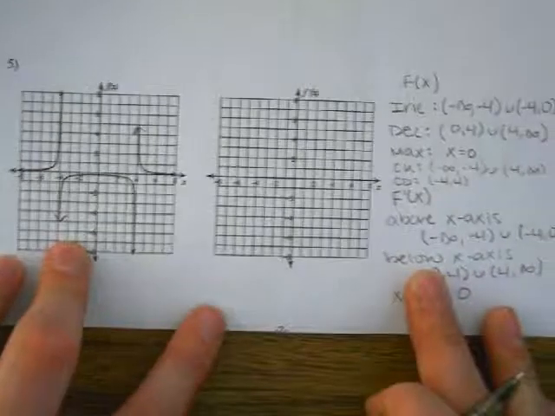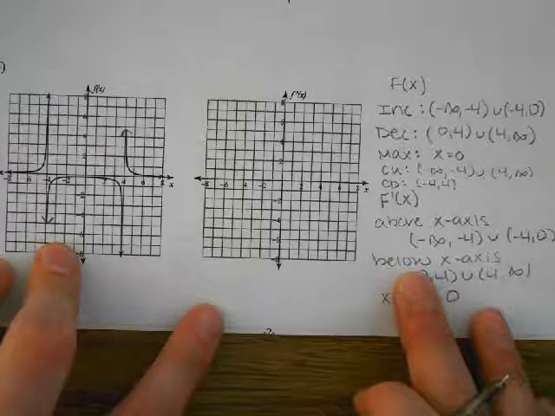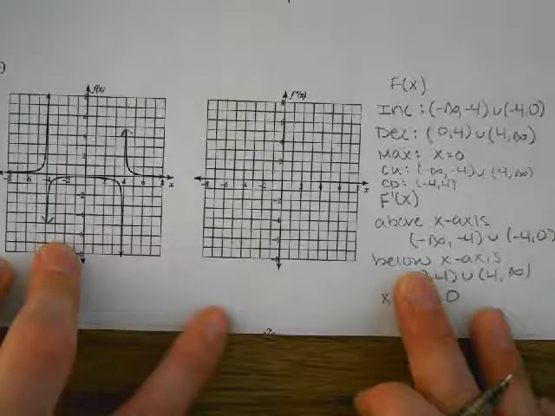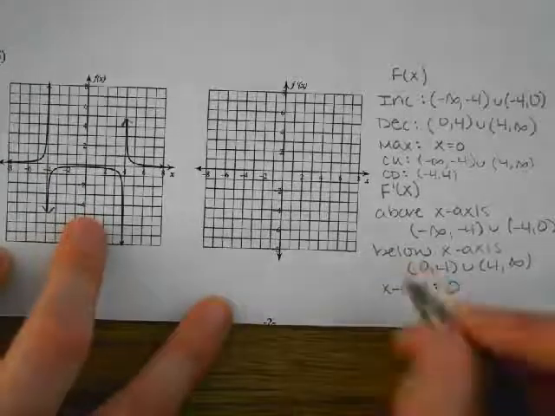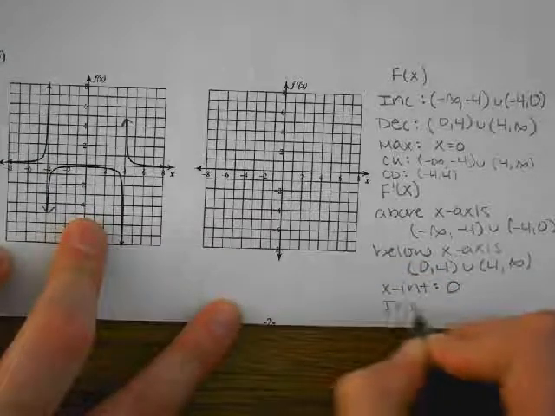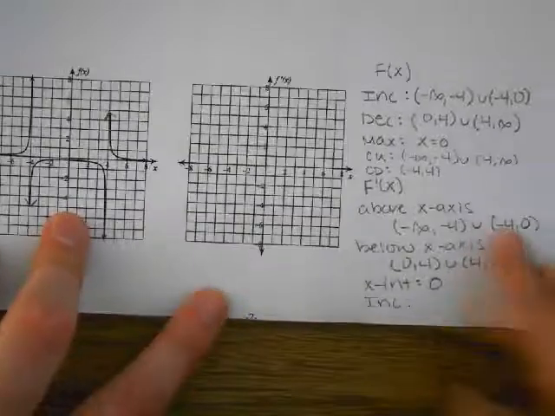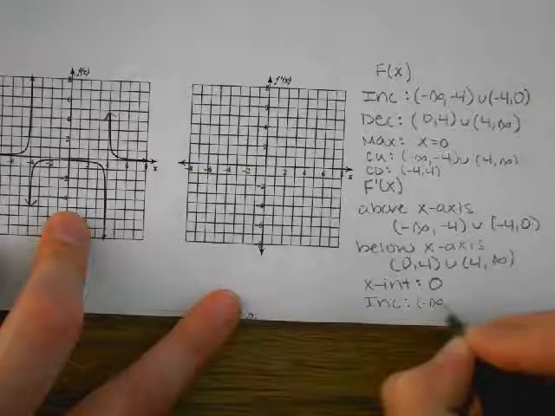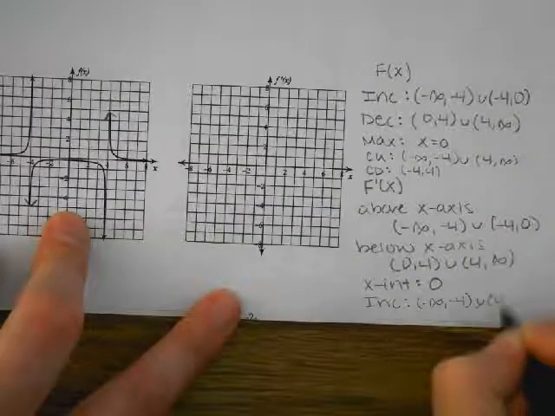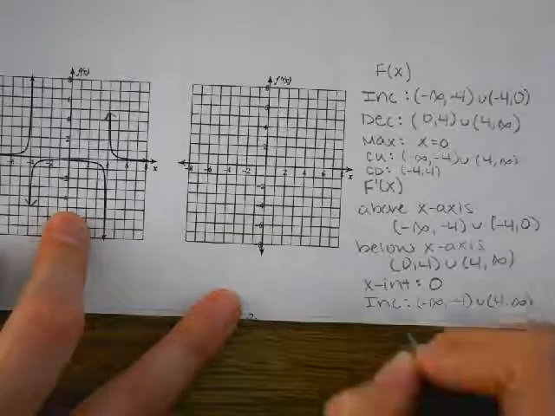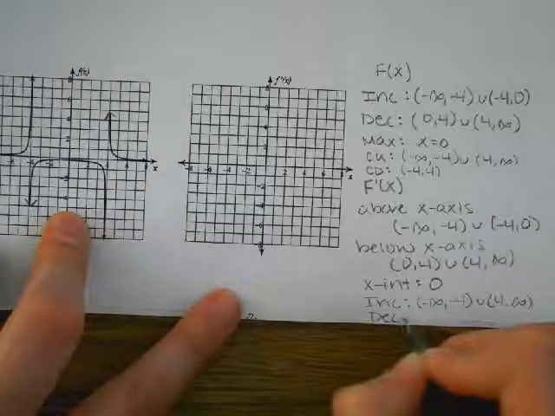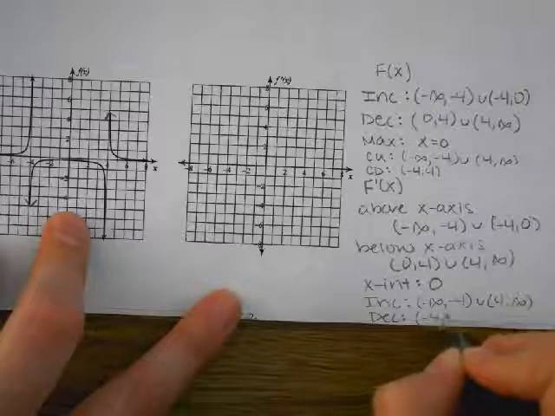And what does concave up and concave down tell you about the derivative? Yeah, it tells you where it's increasing and where it's decreasing. So the derivative is going to be increasing from negative infinity to negative 4 and 4 to infinity, and it's going to be decreasing from negative 4 to 4. Okay.